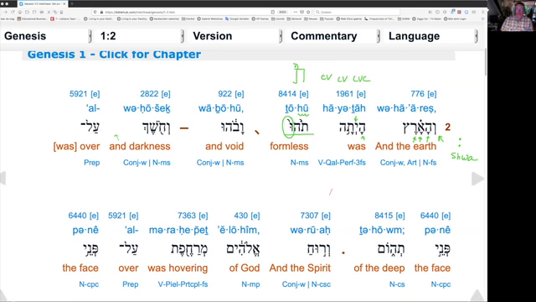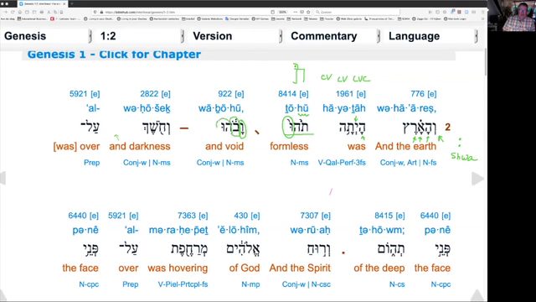The next word, vavohu. People always say tohu and bohu, but in Hebrew, in this word, it's vavohu, because it's the soft B. So we have here the vav with the kametz. Then we have the beit with the cholam.